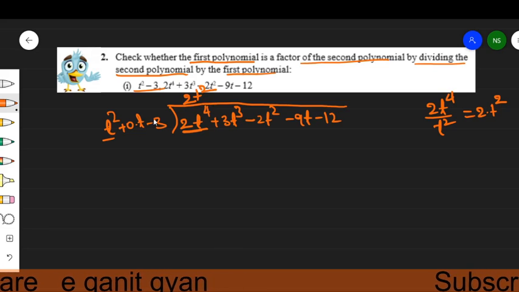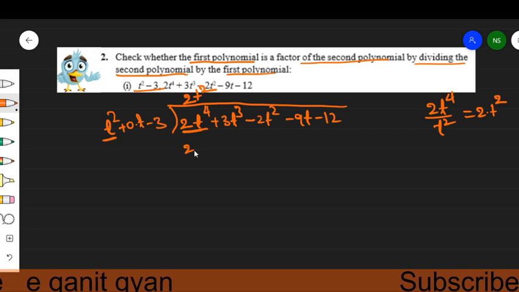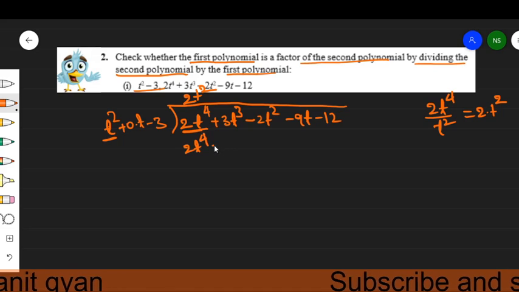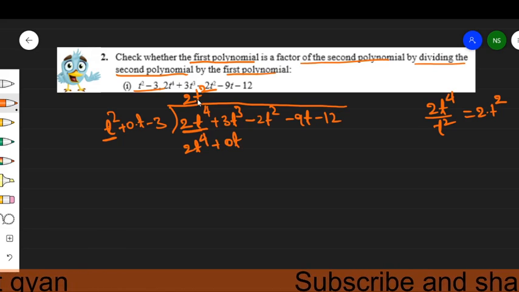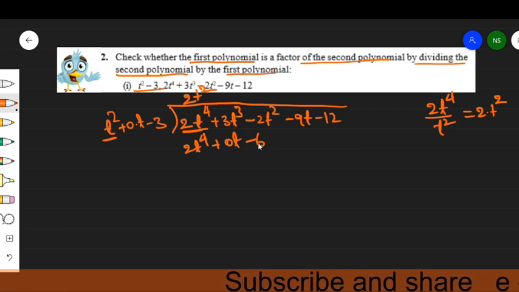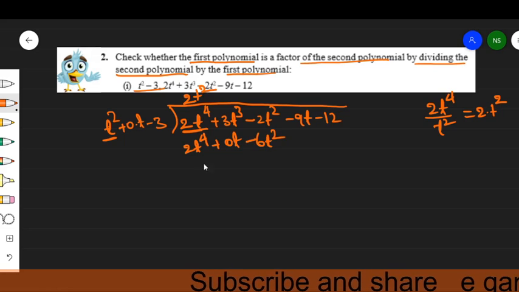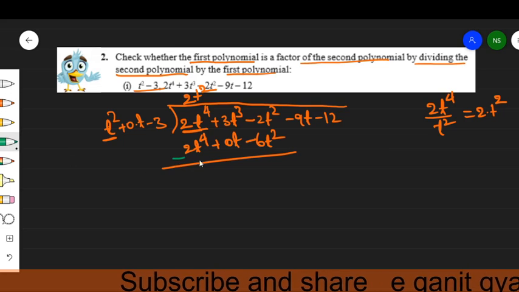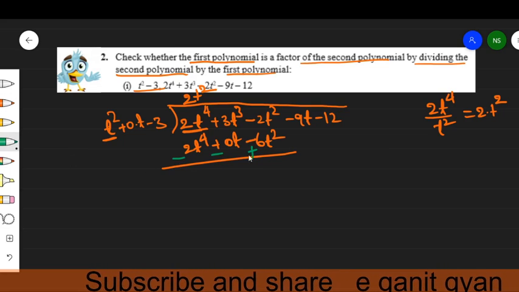Now 2t square into t square is 2t power 4. 2t square into 0t will get 0t. 2t square into minus 3 will get minus 6t square. So we need to subtract, that's why we should compulsorily change the symbols.